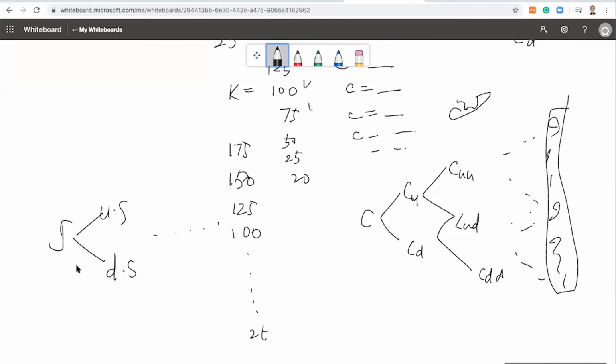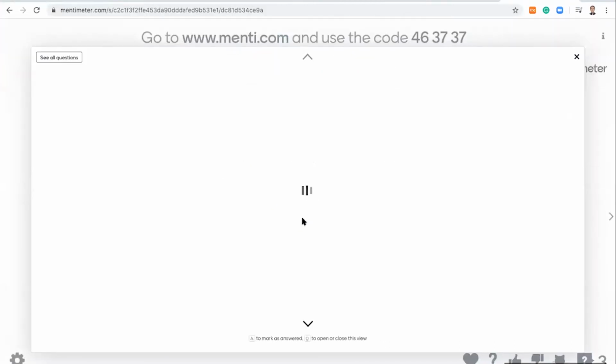So as we make our n grow, it becomes a more and more realistic model. Okay, so that was a good question.